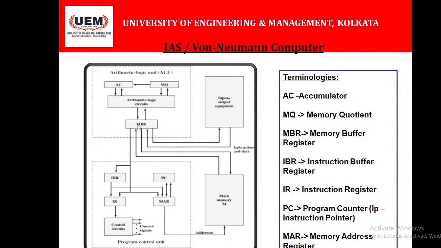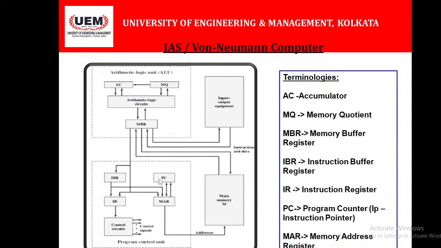Now MBR is the memory buffer register, and there is also the memory address register. There are various types of registers present. The memory buffer register is where the data is basically stored. In the program control unit, or control unit, there are different registers.